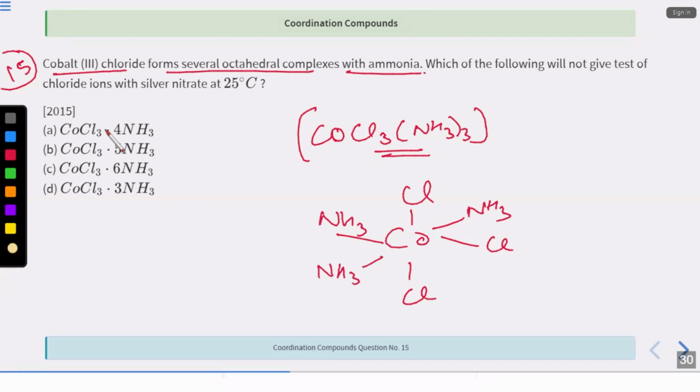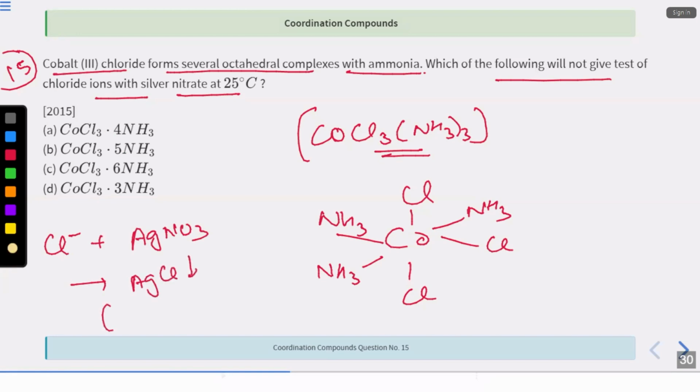So which of the following will not give the test of chloride ions with silver nitrate? Basically, how this test goes: if we have chloride ion Cl minus, then with silver nitrate, it will react to form AgCl precipitate. This comes in the form of a white precipitate, plus NO3 minus.